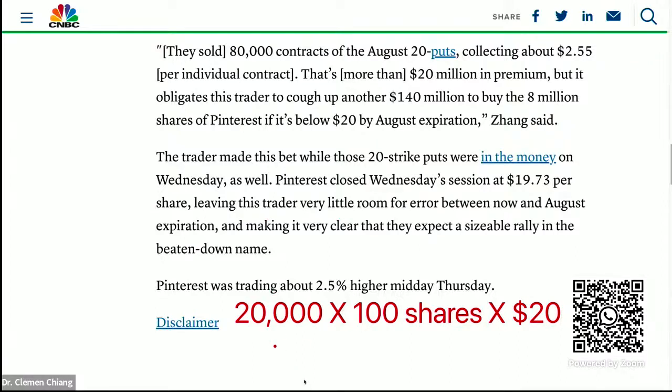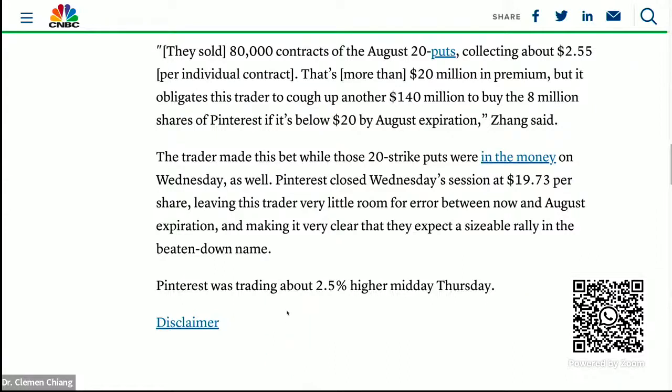Again, I remind all of you, please take out your calculator: 20,000 multiplied by 100, multiplied by $20. Sorry, somewhere my calculation went wrong. One more time. No, 80,000, no wonder I pressed wrong. One more time, 80,000.